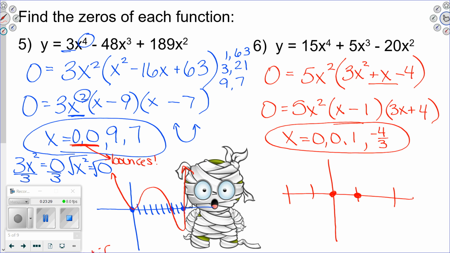You're on the right track. Switch negative 4 thirds to a mixed number, or divide it, either way. What's negative 4 divided by 3?